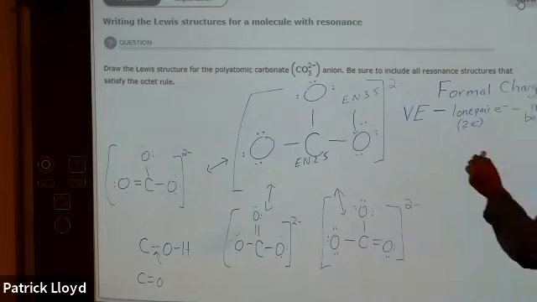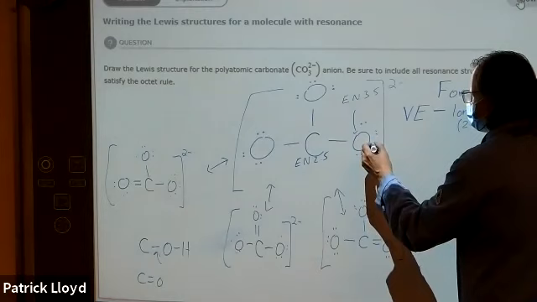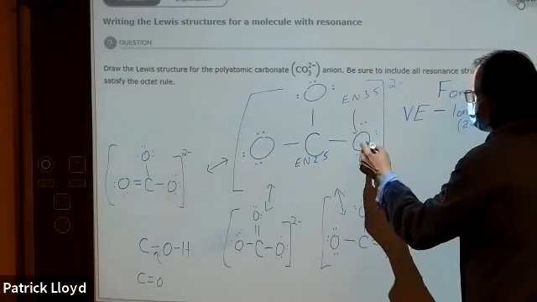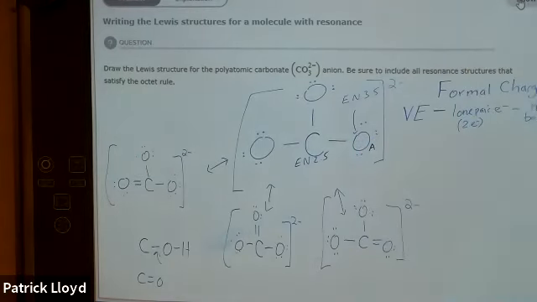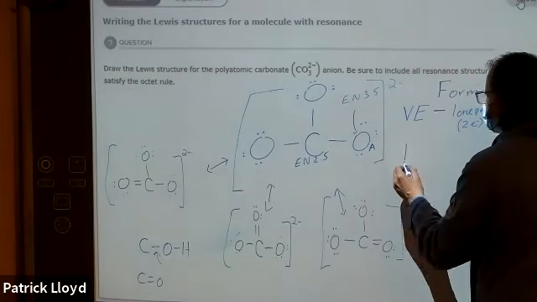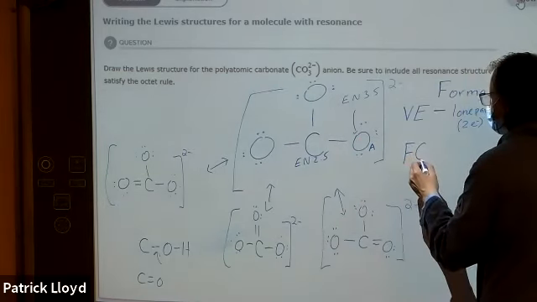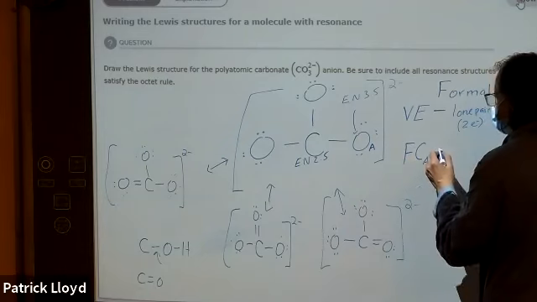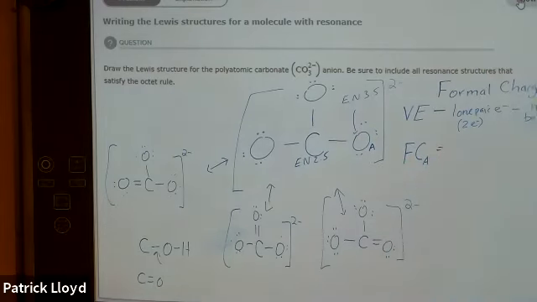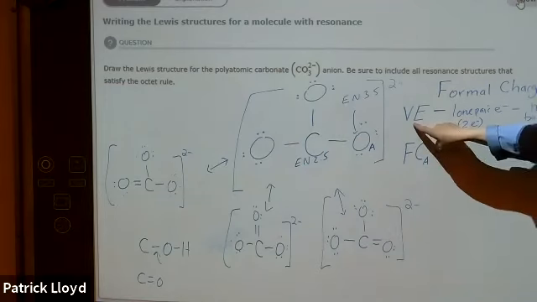I'm going to do this oxygen here first. I'm going to put just a little A here, just so we know which oxygen we're doing. So I'm going to do the formal charge for oxygen A. So oxygen is in group 6A, so it has 6 valence electrons.